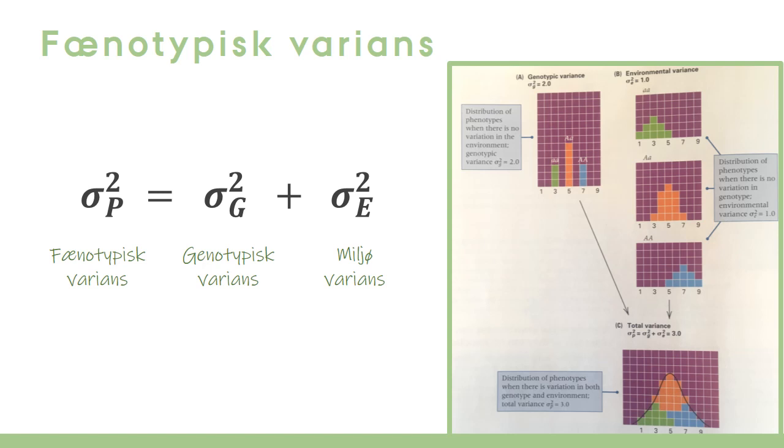Now let's take a look at the picture on the right. When we go to the top left, it shows the genotypic variation. What we see here is we have three genotypes: small a small a, small a big A, big A big A. When we look within each genotype, for example within the small a genotype, the average is 3, but we see that the values vary from 1 to 5.